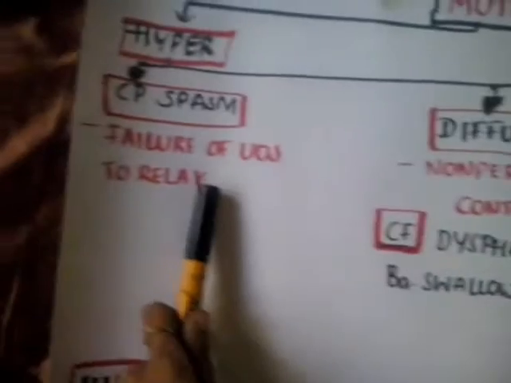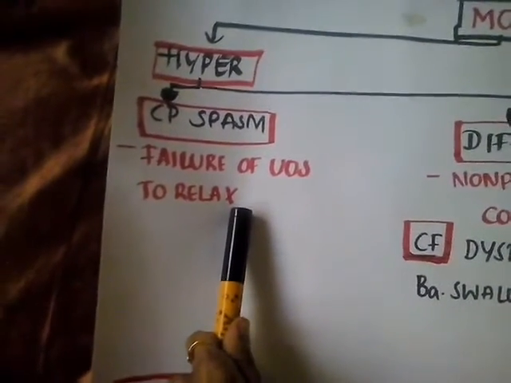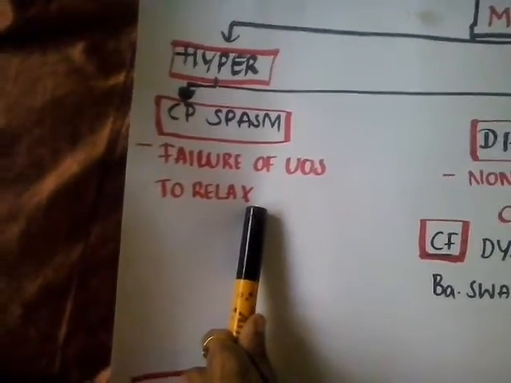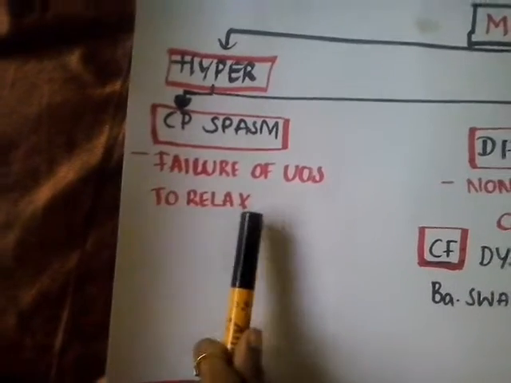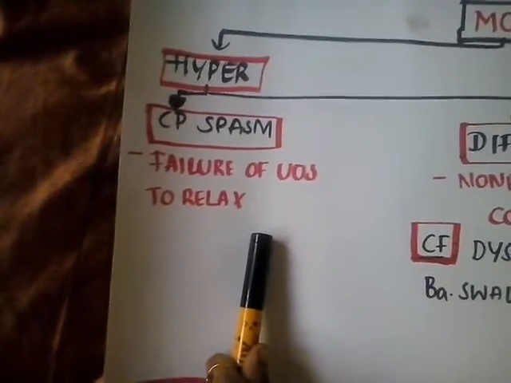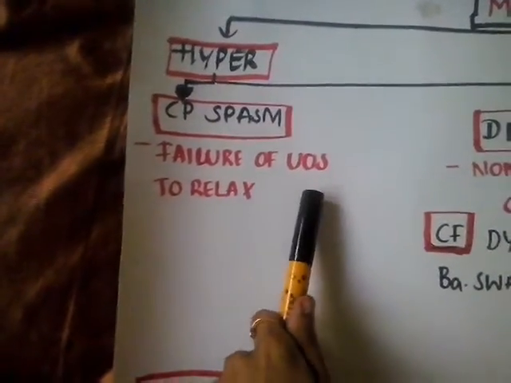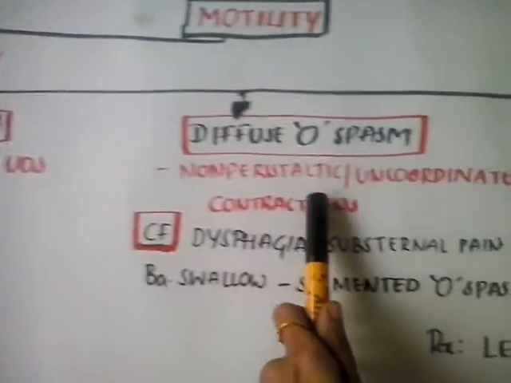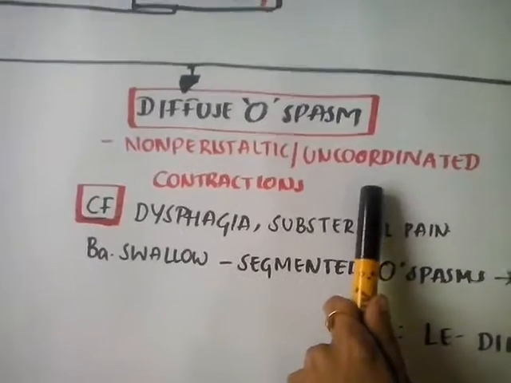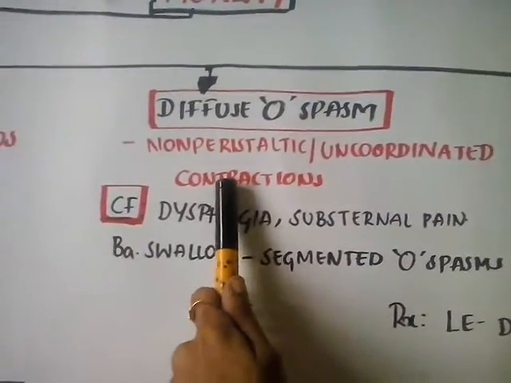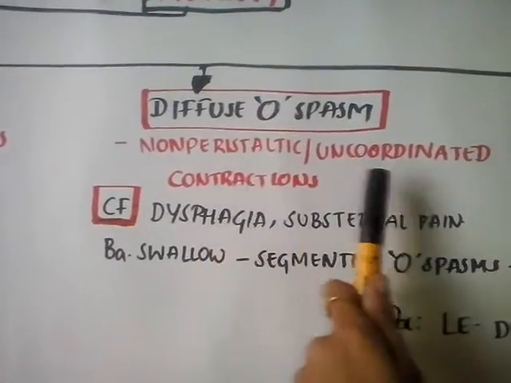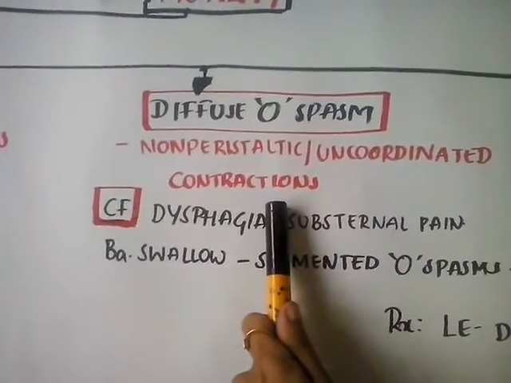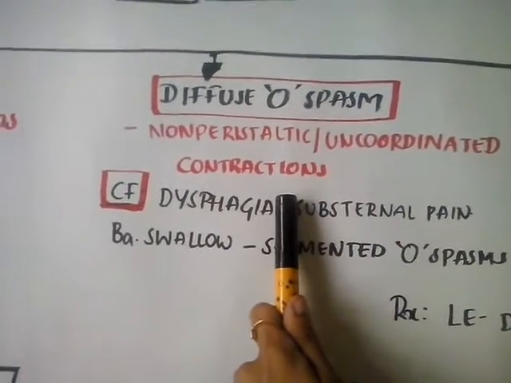In case of cricopharyngeal spasm, there is failure of the upper esophageal sphincter to relax. There is incoordination between the relaxation of the upper esophageal sphincter and the contractions of the pharynx. Diffuse esophageal spasm: here there are non-peristaltic or uncoordinated contractions.